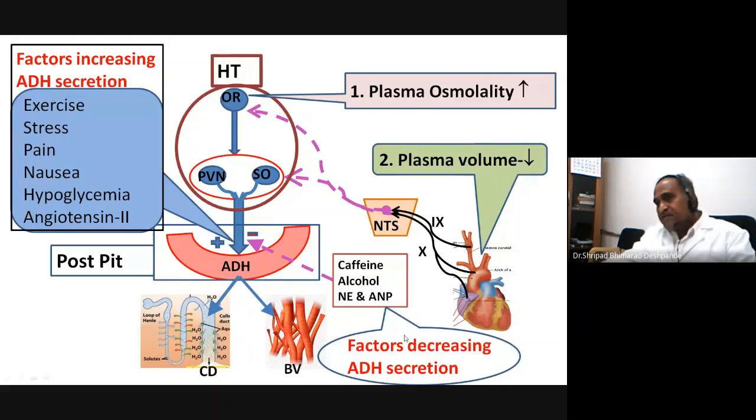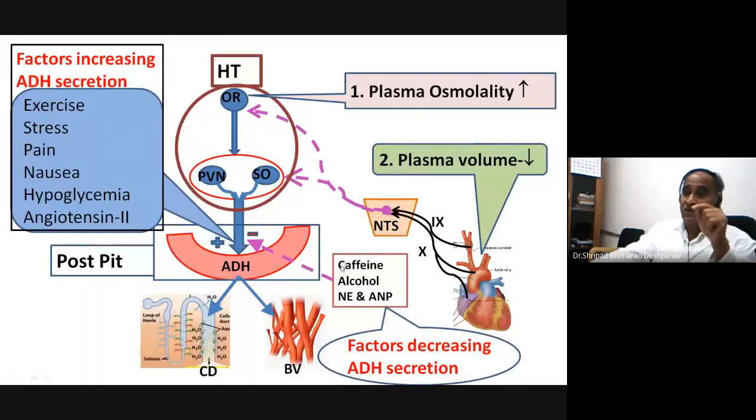Now, the factors that decrease ADH secretion are: 1, caffeine. Whenever we consume caffeine, coffee, it is natural that we go to the restroom very frequently. So caffeine has 2 components. One, it will inhibit the release of ADH. The caffeine here in the distal convoluted tubule is a phosphodiesterase 4 inhibitor.